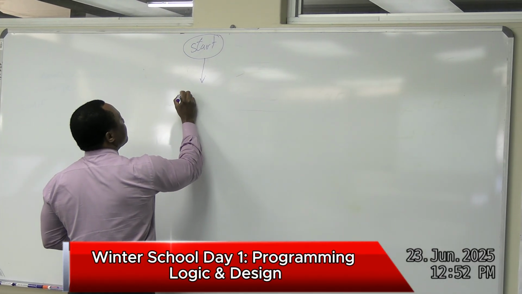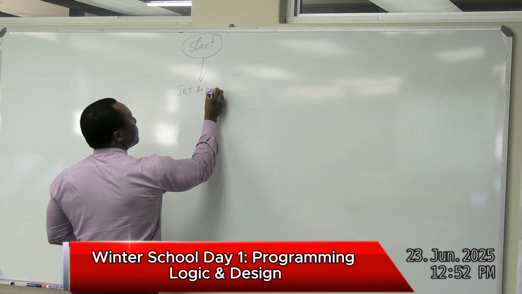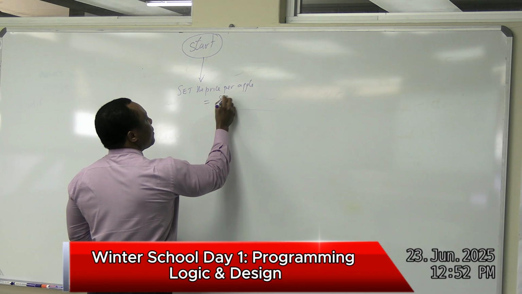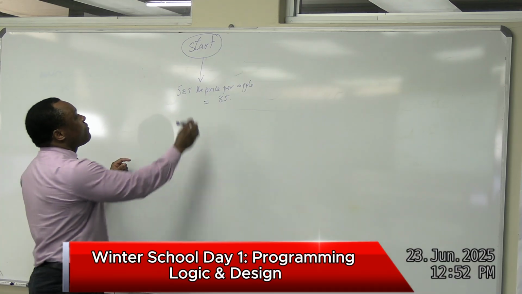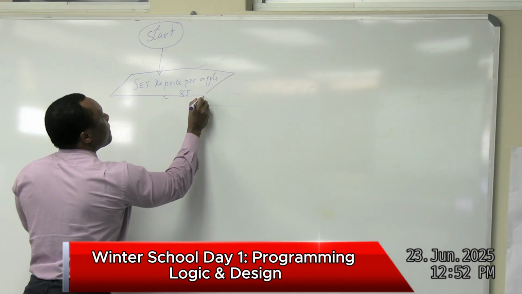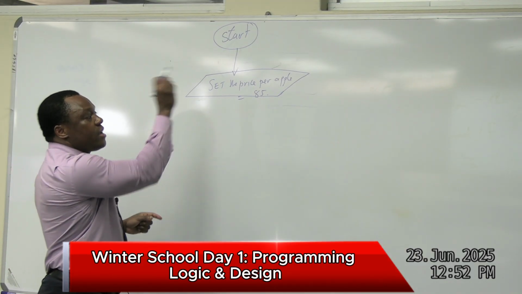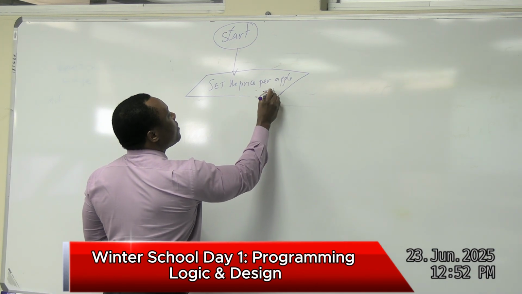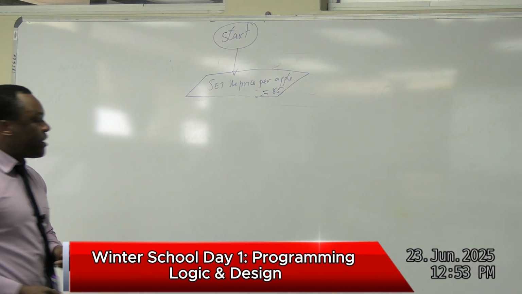You repeat exactly your input inside of that input box. I didn't put just the word input. I put what the input is there. Don't come and say, okay, it's an input. You wrote, okay, input. No. The second one is set price per orange.